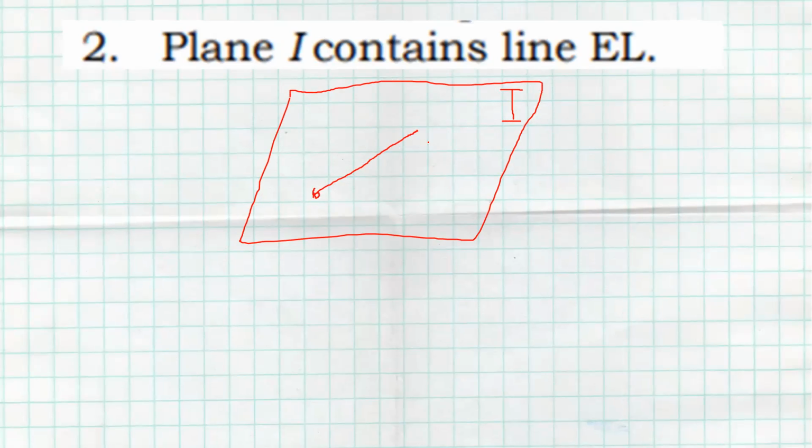This is arrowhead. And you have 2 points here. And you have to name this line EL. So this is for number 2.